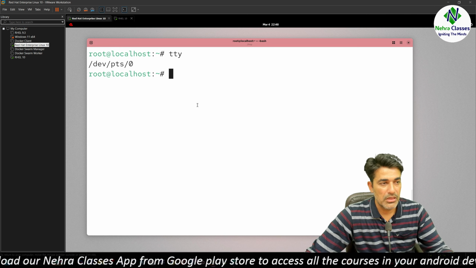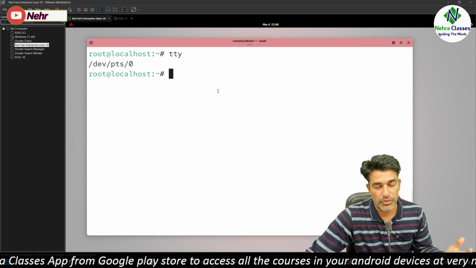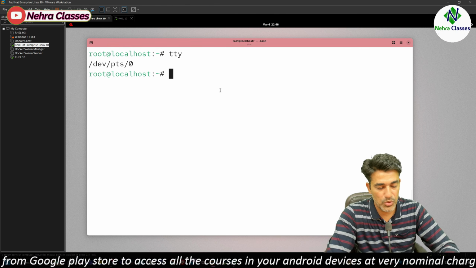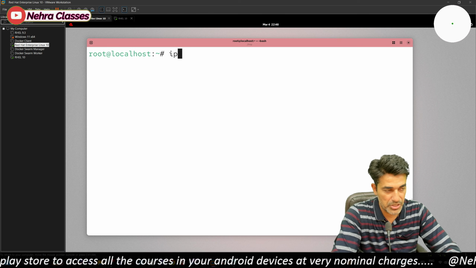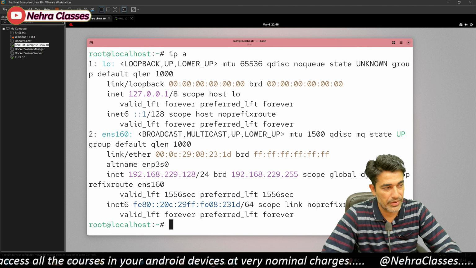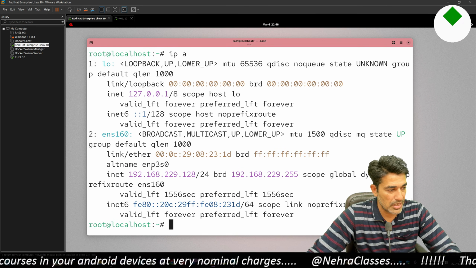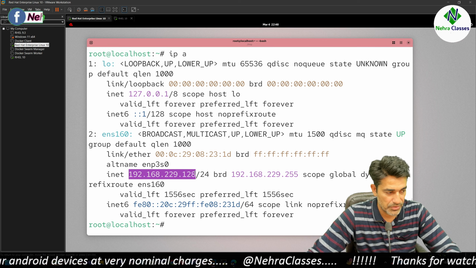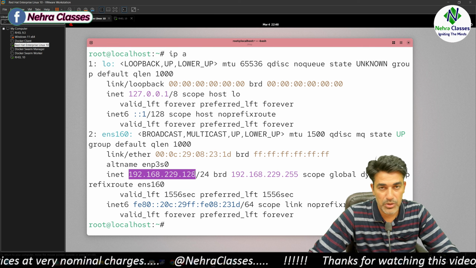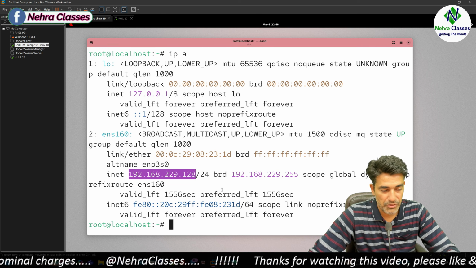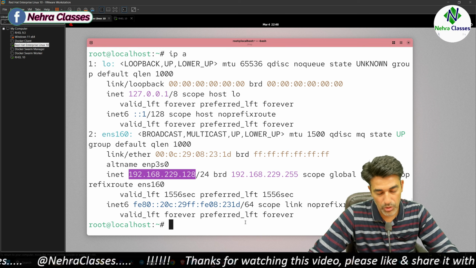If we want to log in remotely or from any other machine, what can we do? We can do SSH into this machine, and for that we would require the IP address. So this is the IP address of this machine. And if we want to log in into this machine remotely, we can use a tool known as PuTTY.